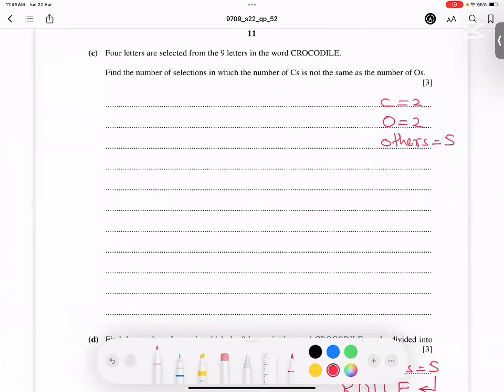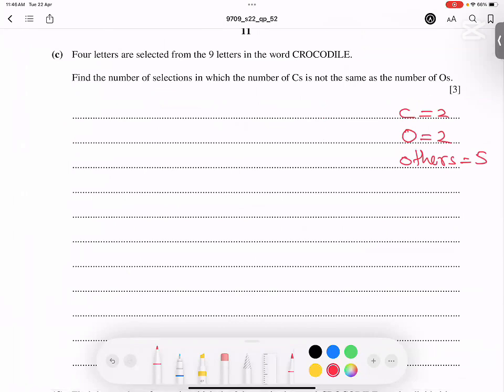Next part, I have already planned here. You can see you said 4 letters are selected. I have to select 4 letters. And whenever selection comes with repeating letters, we have to be careful. And he said the number of selections in which the number of C's is not the same as the number of O's.